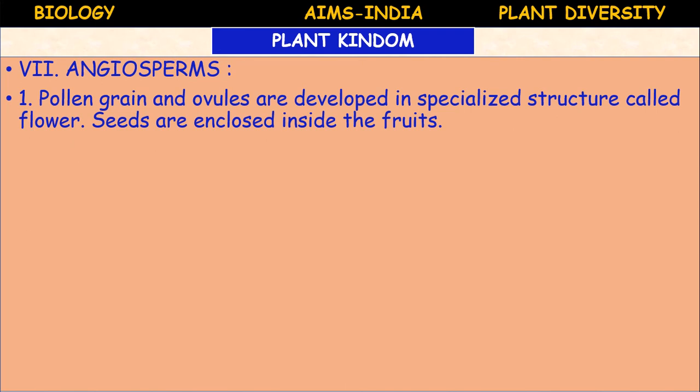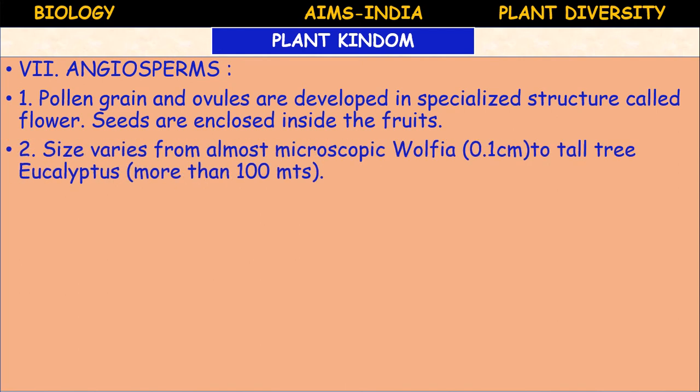The seeds are enclosed inside the fruits. The characteristic features we are discussing are flowers, seeds and fruits. The size varies from almost microscopic Wolffia, 0.1 centimeter, to tall tree eucalyptus, more than 100 meters in height.